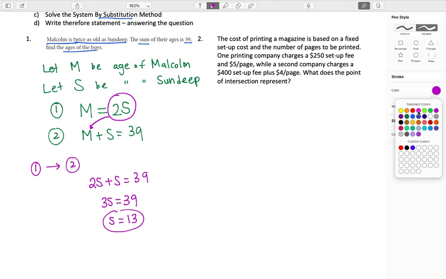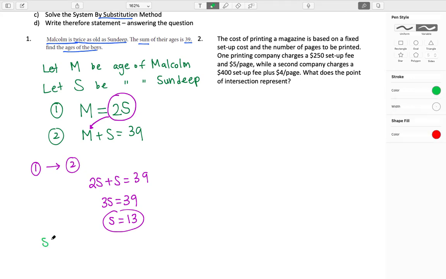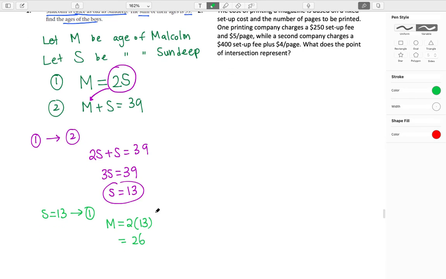Well, to find Malcolm's age, now we're going to plug S equals 13 into equation 1, because M is already isolated, so 2 times 13. Therefore, it looks like Malcolm is 26 years old.